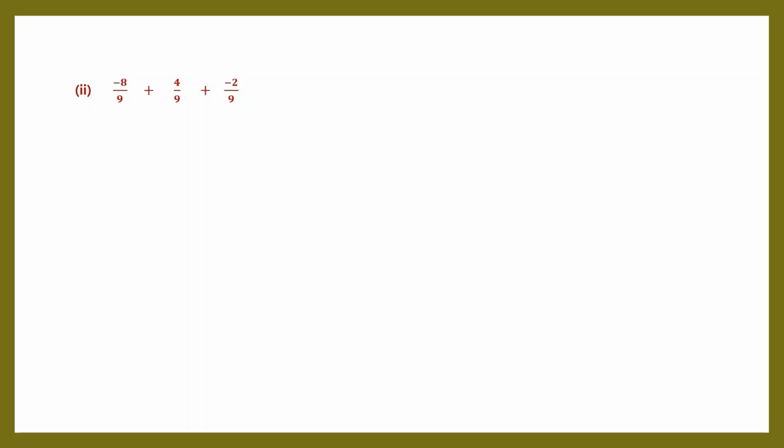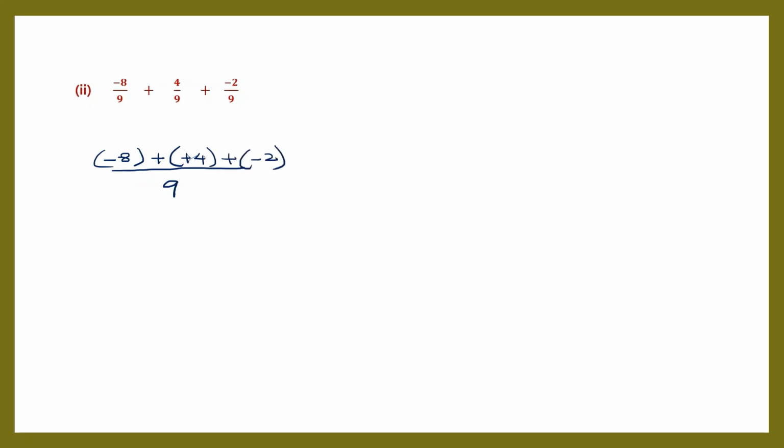Question 2. Now here also if you see all denominators are the same. So we just have to add up the numerators. So let's do that. So here we'll write down the denominator, that is the common denominator here is 9. And what are all the numerators? We have minus 8, then we have 4 which is plus 4 and then we have to add minus 2 to it, minus 2.